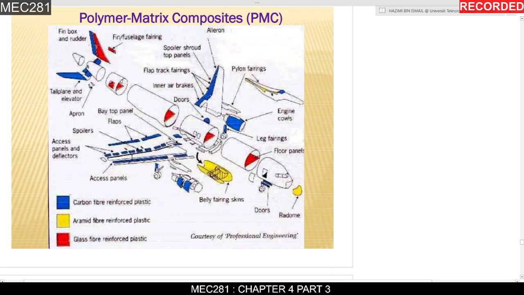Okay, this diagram is another example of PMC that is used in the aircraft. Okay, here the blue parts is using carbon fiber, and the green part is aramid, and the red part use the glass fiber.